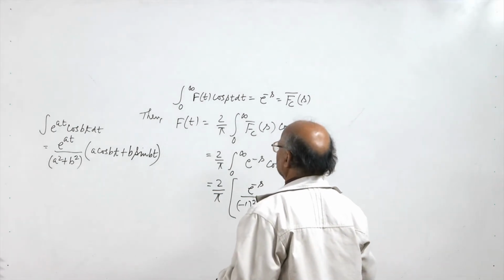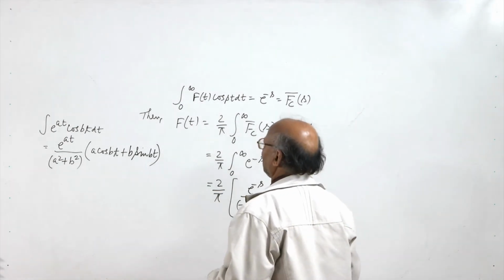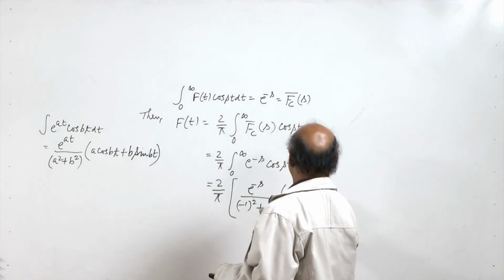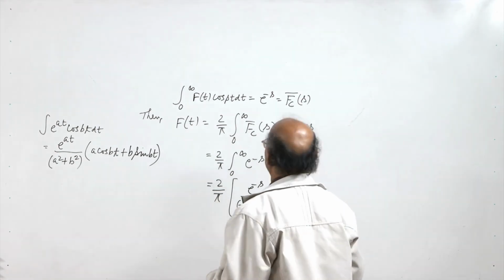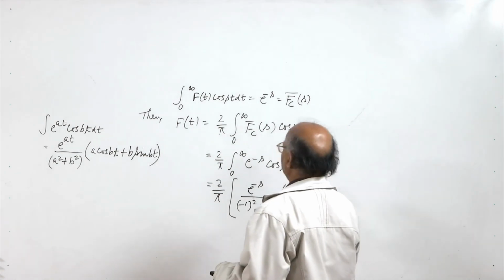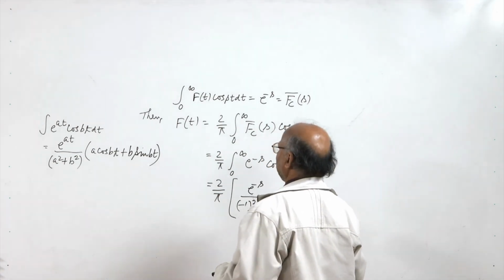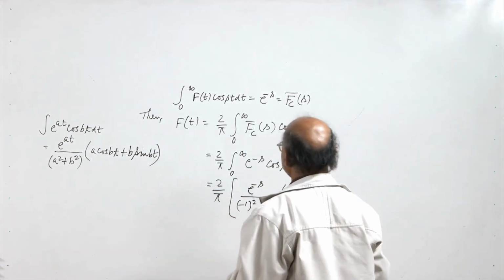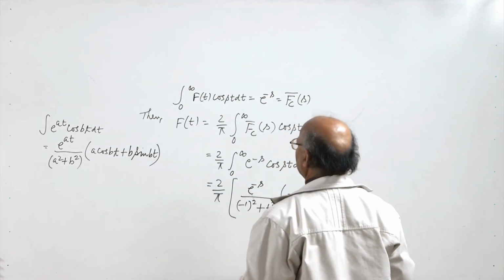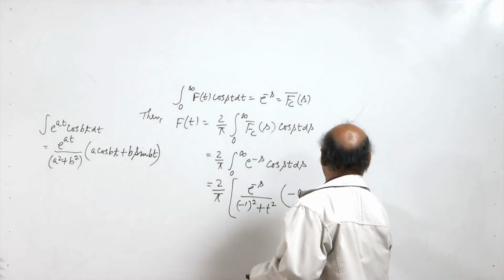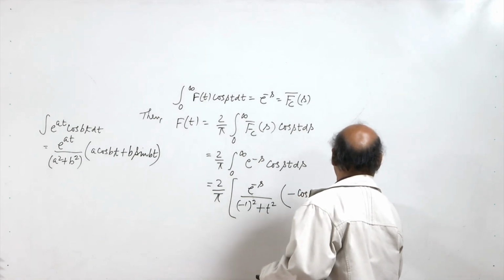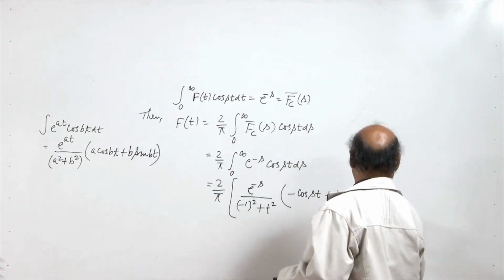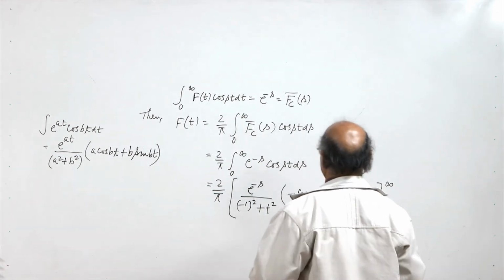Then we have a cos bt, so a is minus 1 times cos, b is t and the variable is s, so st, plus t sin st. This is what we have.